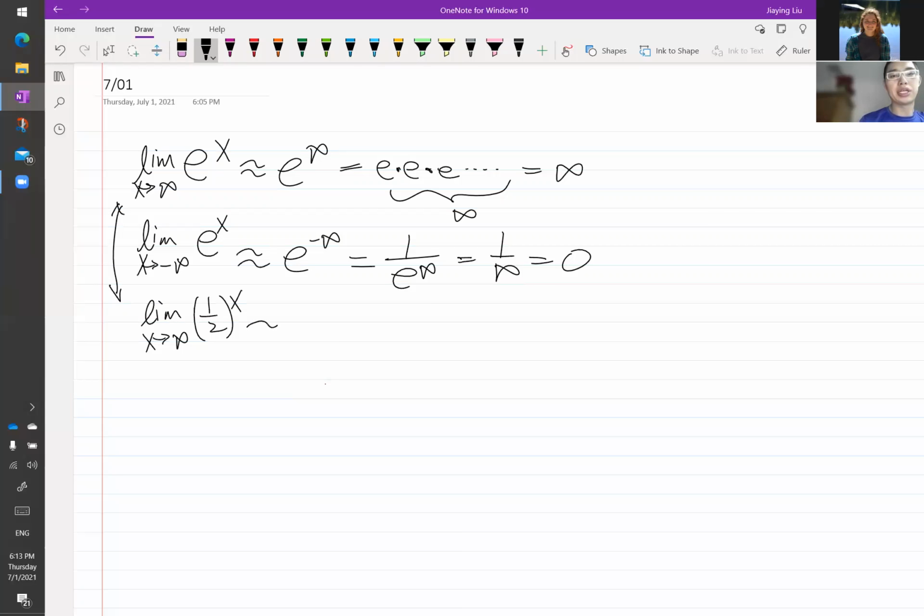So that's like saying 1/2 to the infinity, 1/2 multiplied by itself infinitely many times. 1/2 times 1/2 is 1/4, which is smaller than 1/2, and multiplied by 1/2 again, it's getting smaller, right? Every time you multiply by 1/2, it's getting smaller. So this one is approaching 0, kind of like the e to the negative infinity case.